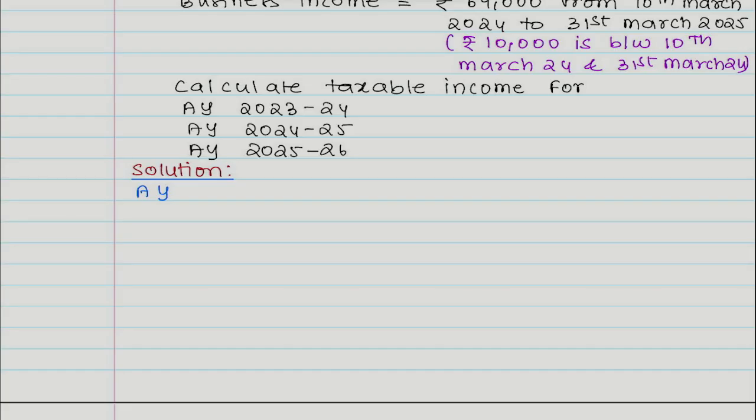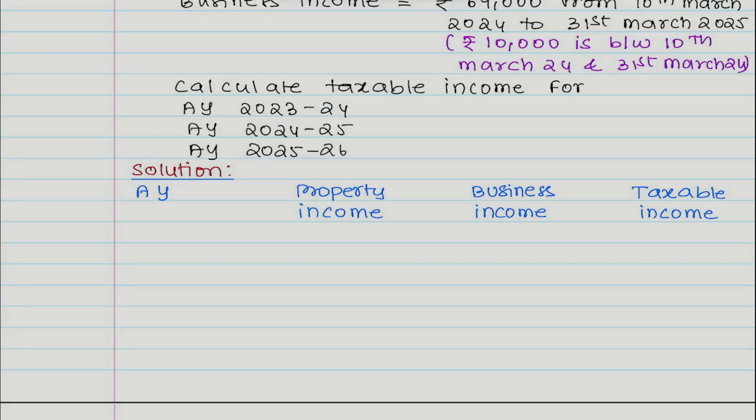Right. So, we are going to write assessment year. Next column, property income. Next one, business income. Last column, taxable income.